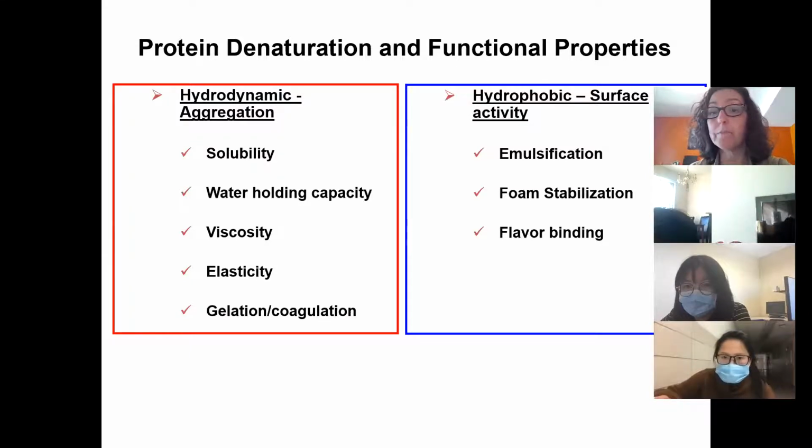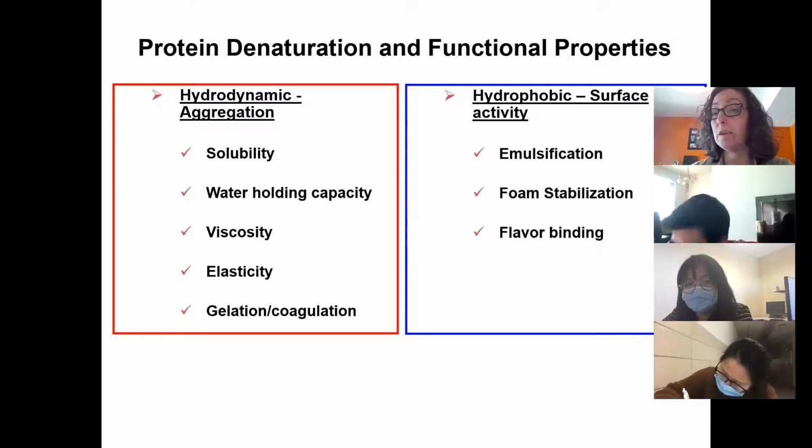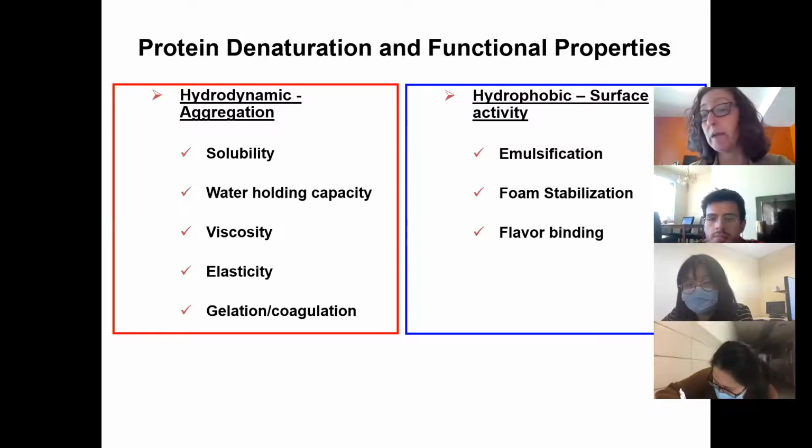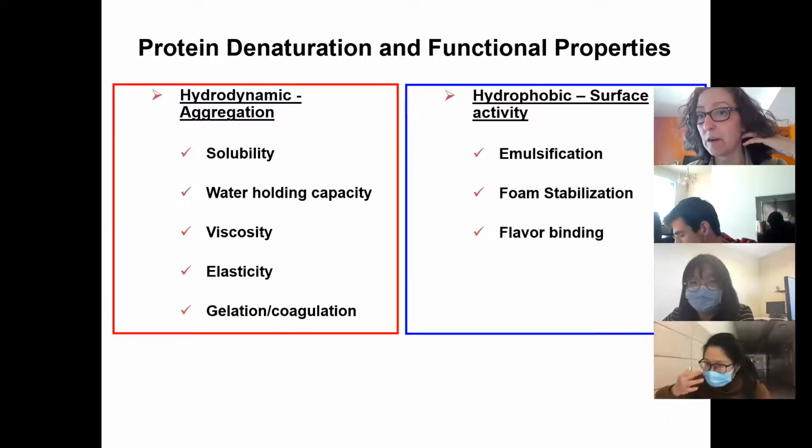Same with foaming and flavor binding, because a lot of the binding with the flavor is via hydrophobic or sometimes hydrogen bonding. But of course, there's also covalent bonding. But a lot of interactions can be via hydrophobic interactions between flavor and protein.